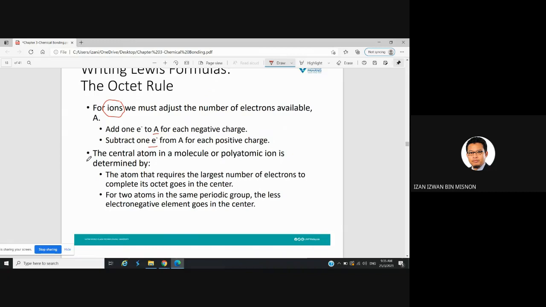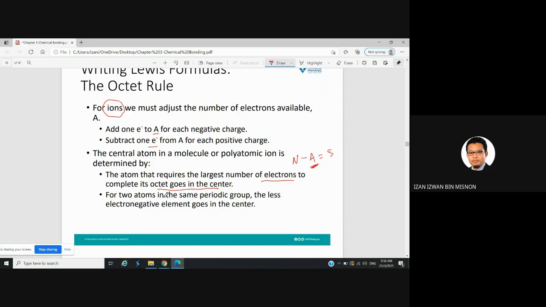Okay. Next, the central atom of the molecule or polyatomic ion is determined by two factors. So let's say you are given a structure and you need to determine which will be the center atom and which will be the outer atoms. The atom that requires a large number of electrons to complete the octet will go to the center. Since we have N minus A equals S, A is the available, and from the available we can see which atom will be the center.